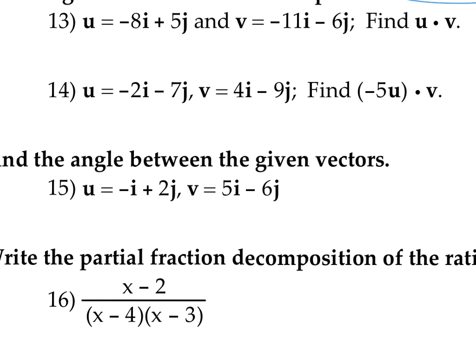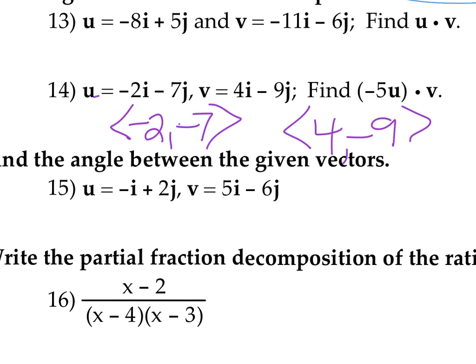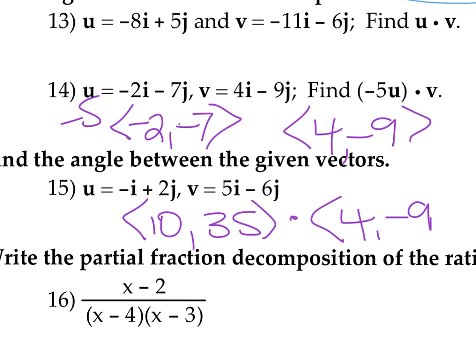Okay, so 14 is negative 5 times U with the dot product of V. So the first thing I'm going to do is get these into points. So negative 2, negative 7 is U, and 4, negative 9 is V. Multiply this times negative 5, and I end up with 10, 35, and 4, negative 9.